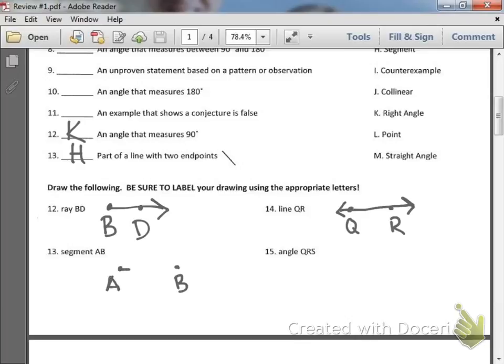Goes from A to B. And then angle QRS looks like that. Starts at Q, the vertex is R, and then extends through S. Arrows on the end because those are both rays.